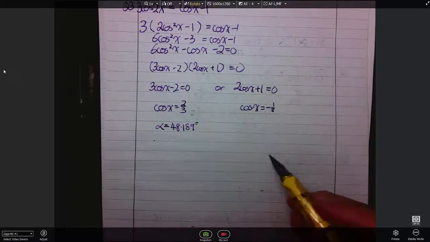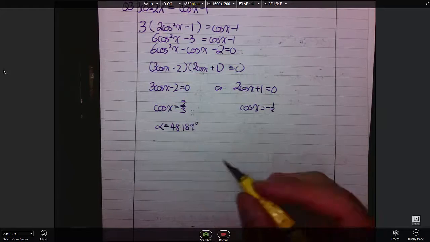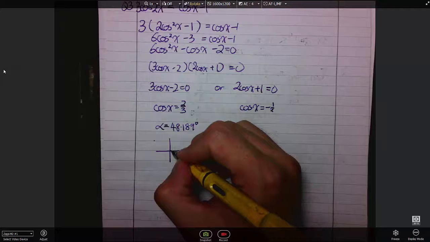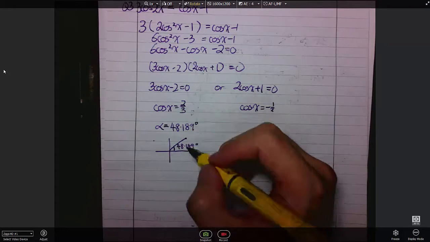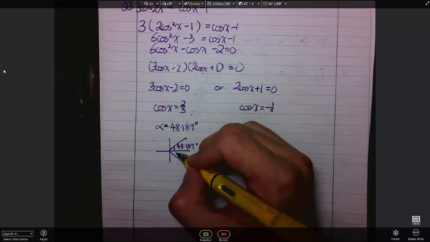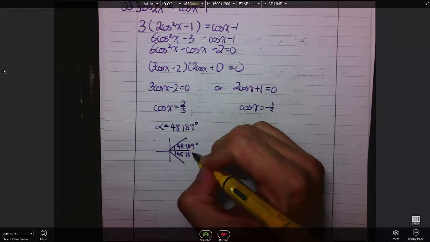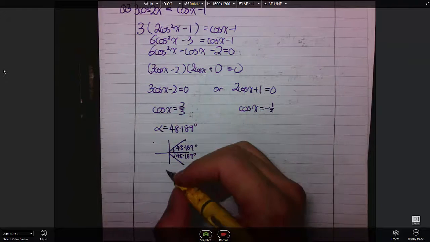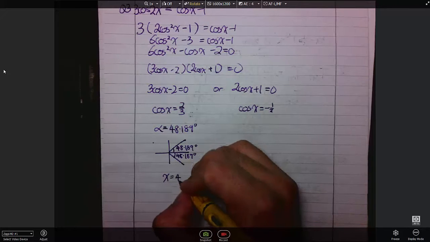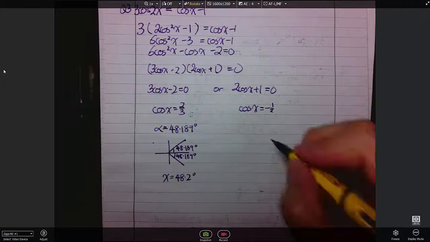Notice in this case that because cosine is positive, we get the first quadrant, 48.189 degrees. ASTC is also in the third quadrant. But in the end, if you read the question, it says we want it between 0 and 180 degrees, so my x value in this case is 48.2 degrees only.